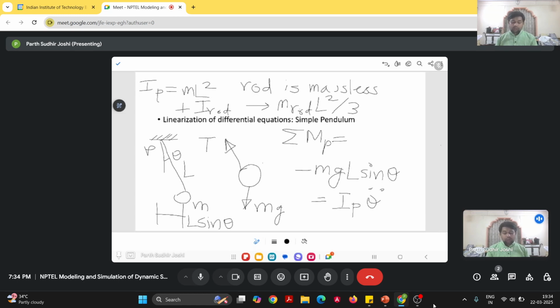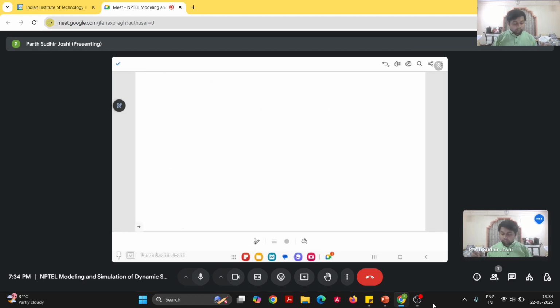Now we come to the basic equation of motion, which is moment of inertia times theta double dot equals minus mgL sine theta. Now we can substitute the expression for the moment of inertia.